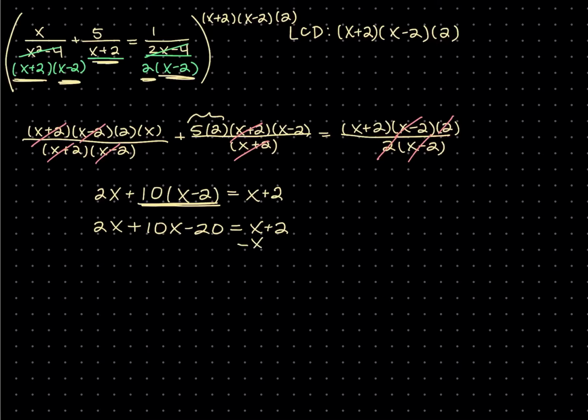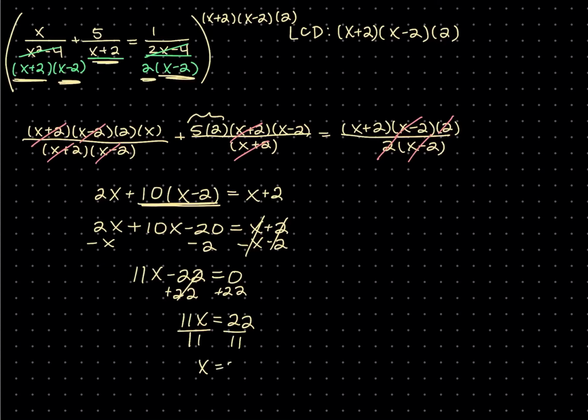So we're going to subtract an x from both sides, subtract a 2 from both sides, and we're going to end up with 10 plus 2 minus 1, x, so that's 11x minus 22 equals 0. So add over the 22, 11x equals 22, divide by 11, and we get x equals 2.